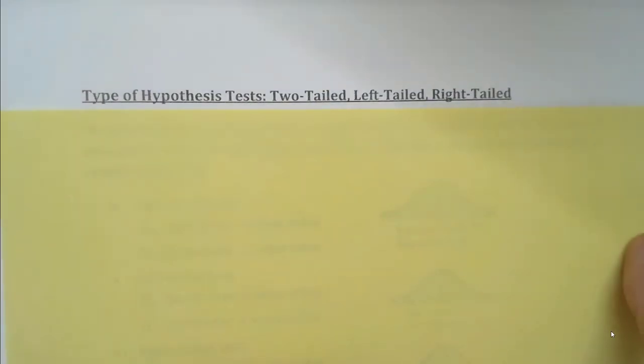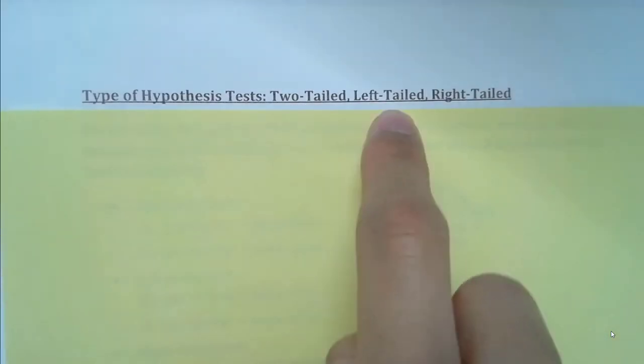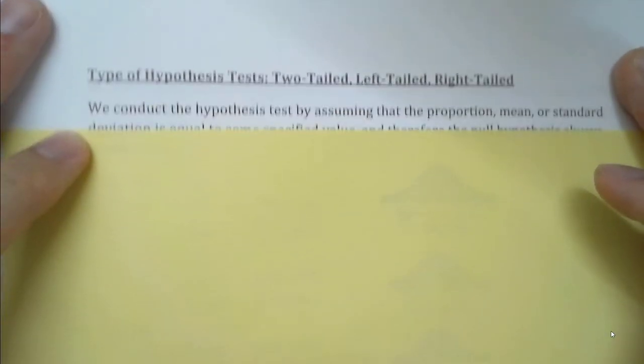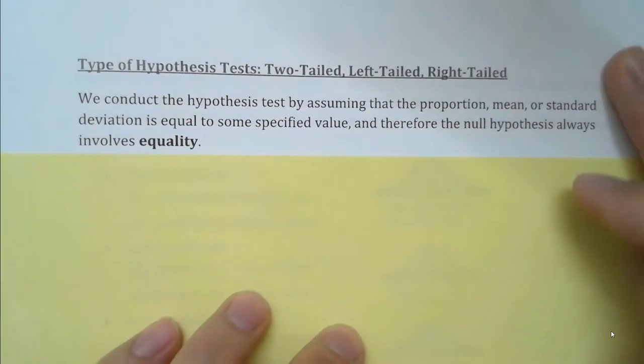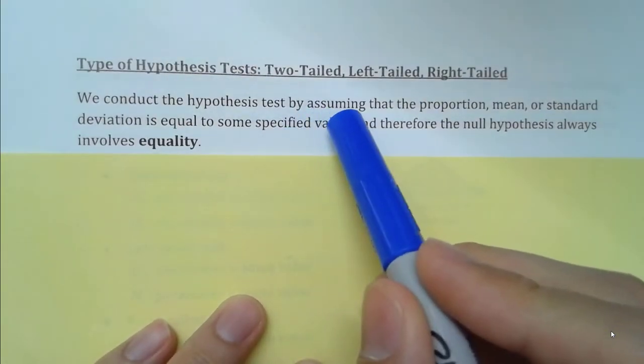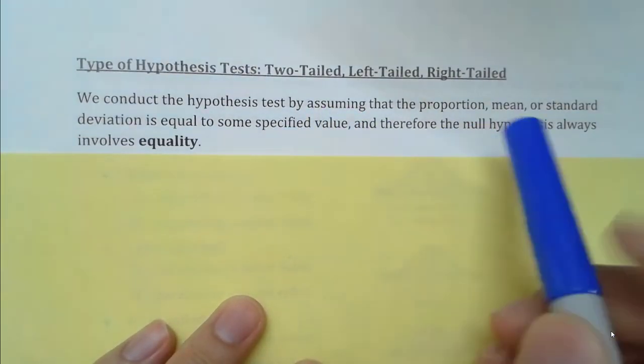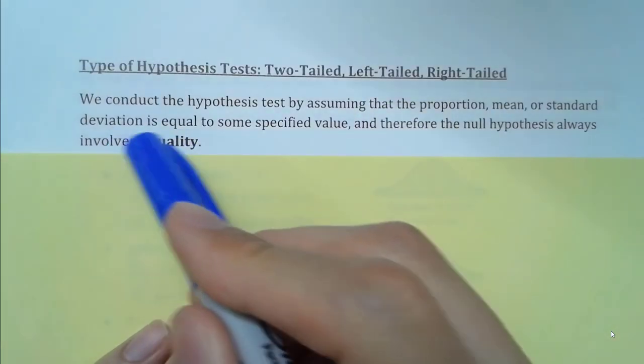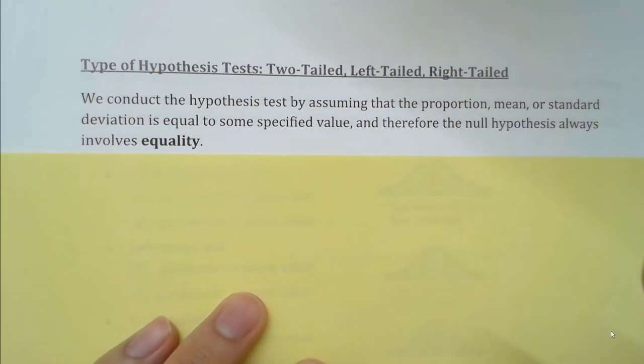Okay, the next objective is the type of hypothesis test. We have three cases: two tails, left tail, and right tail. We conduct the hypothesis test by assuming that the proportion, the mean, or the standard deviation is equal to some specified value.